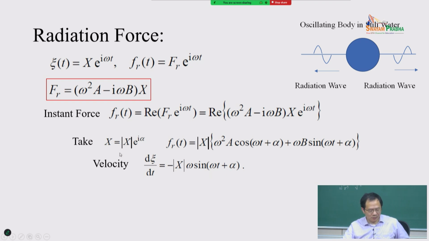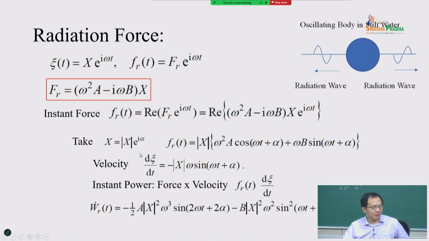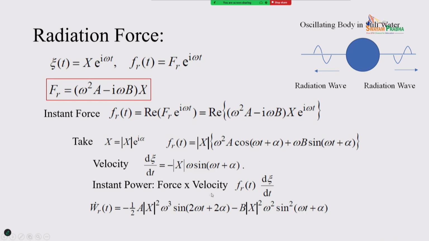Now you know the force and you know the velocity. Force times velocity, what is that? Power. Force times velocity is power. You plug these in and multiply together to get the instant power.